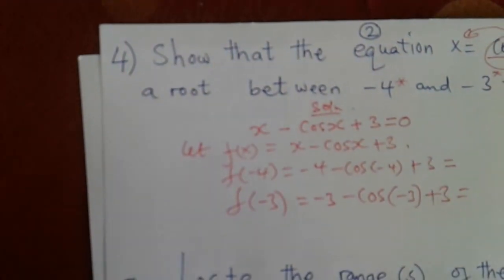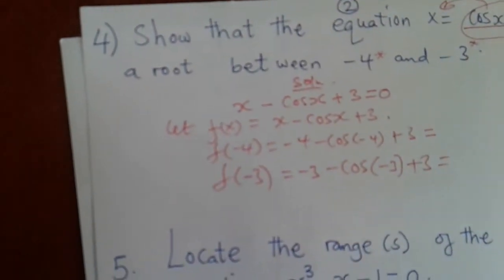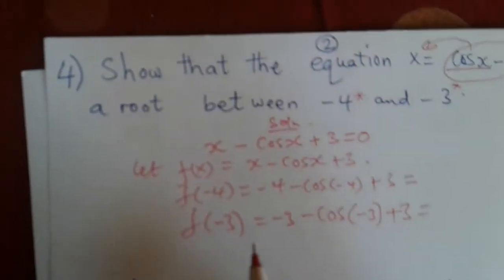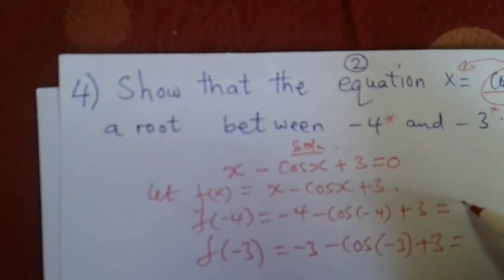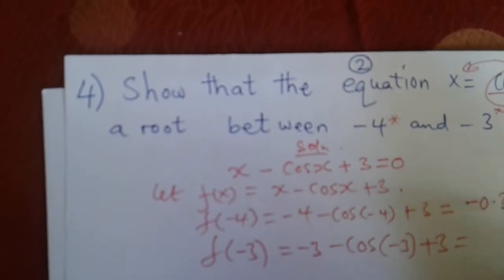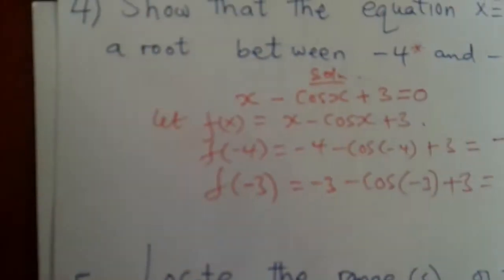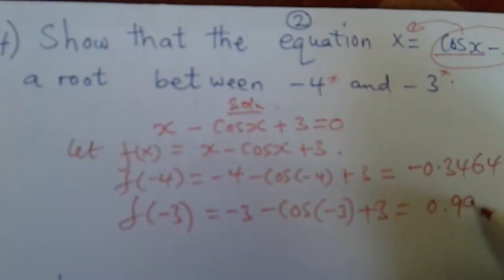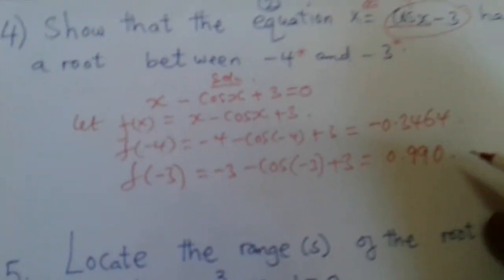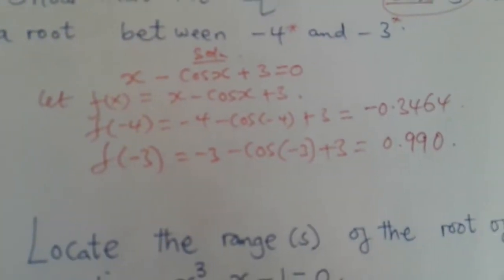Use your calculators and you get the output clearly, such that if I put negative 4 in the calculator, the output would be negative 0.3464. If I put negative 3, I will get 0.990. And ensure that your calculator is in radian mode.